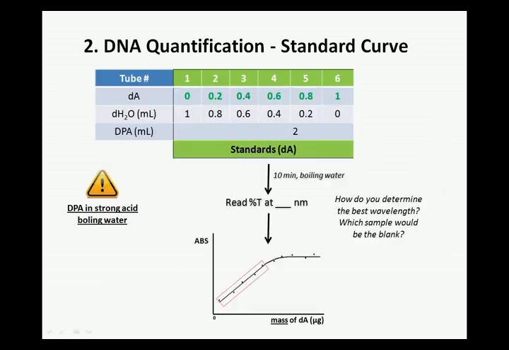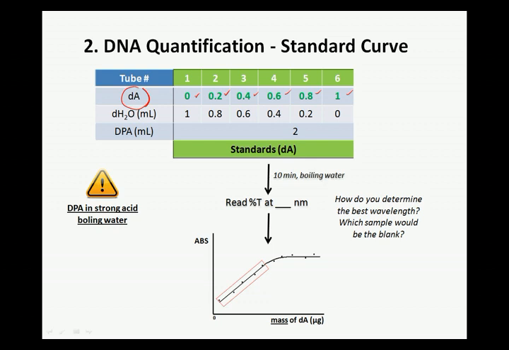So how do you do it? More practically speaking, you'll have to set up a series of tubes where you use different volumes of deoxyadenosine. Obviously, you would know the mass of deoxyadenosine, so you can figure out the mass that you're actually adding in each of these samples if you add these volumes right here.